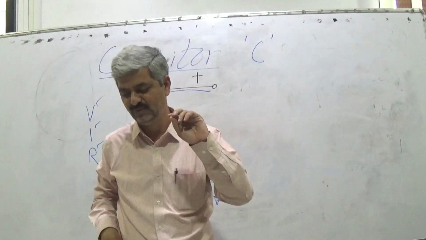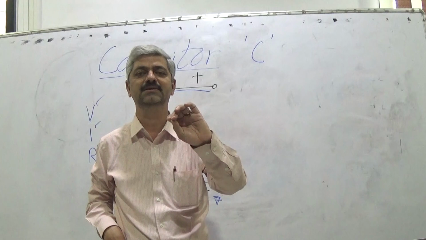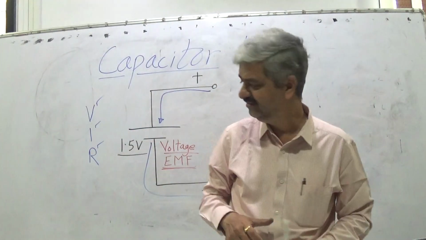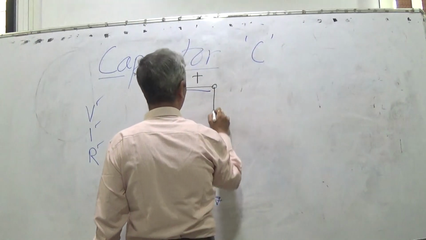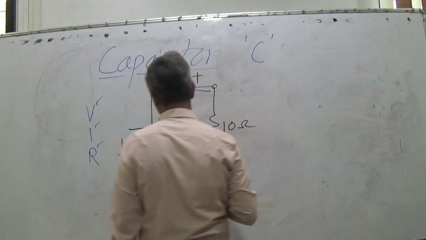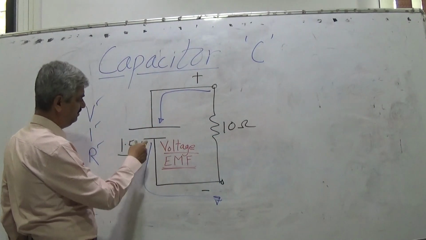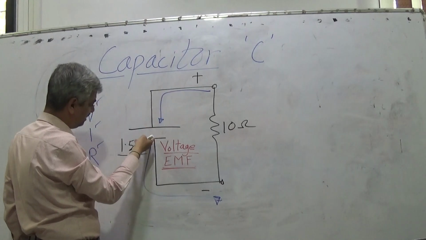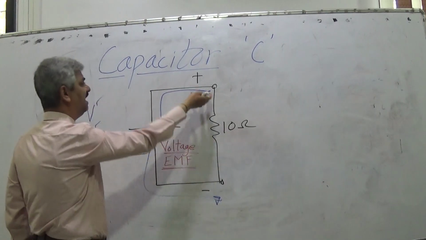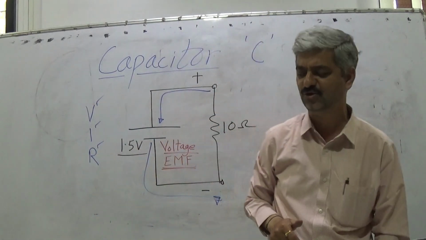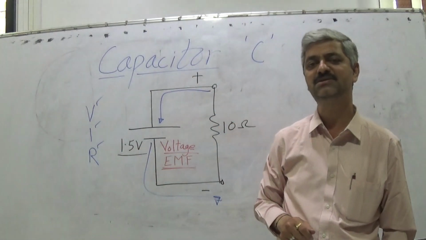Then I will ask some questions which you may not find so easy to answer. If I connect some 1 ohm resistance, or 10 ohm, that is not important. What is resistance? It is some metal wire. This terminal is forcing electrons and the other terminal is pulling electrons.